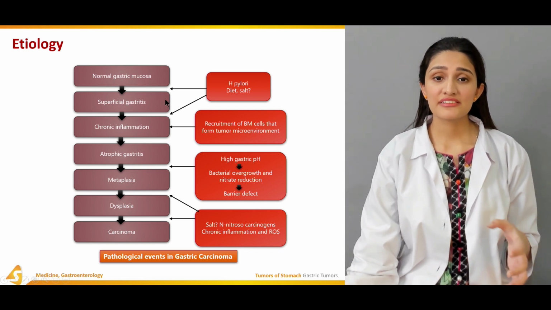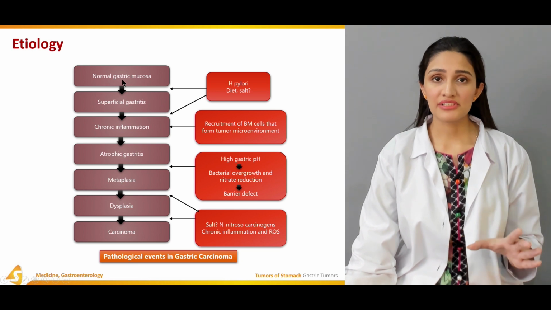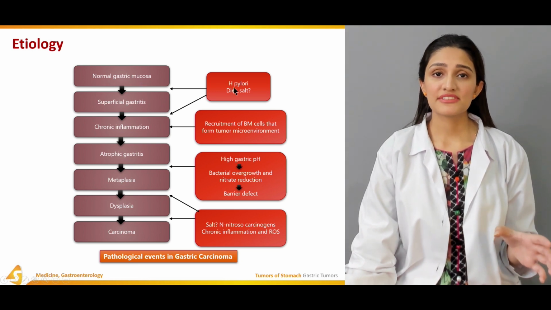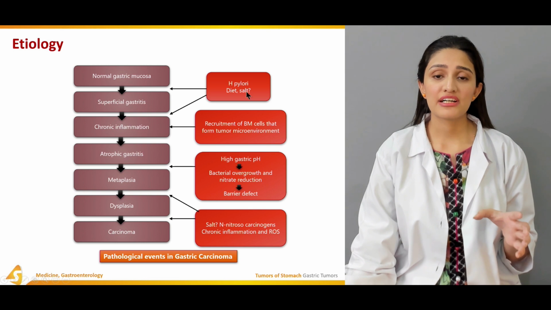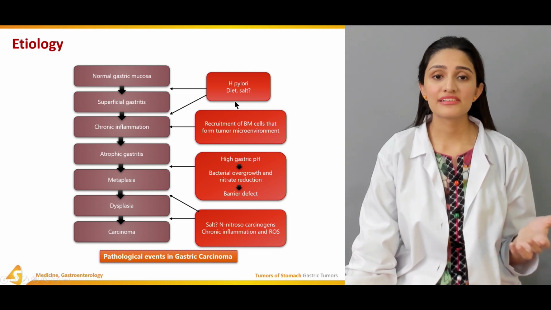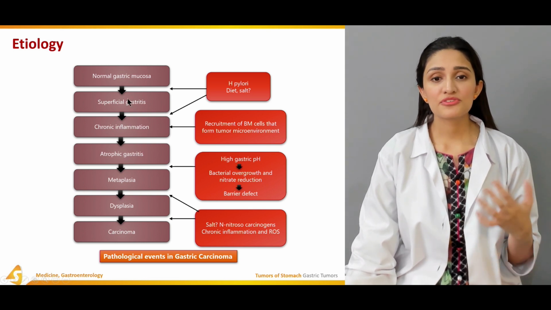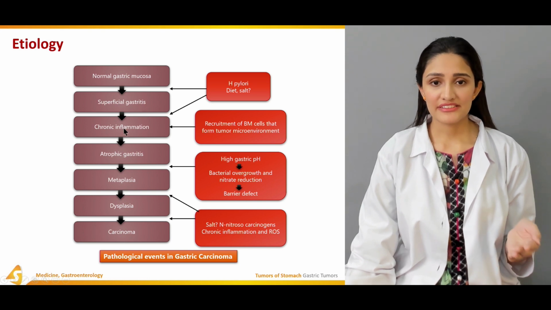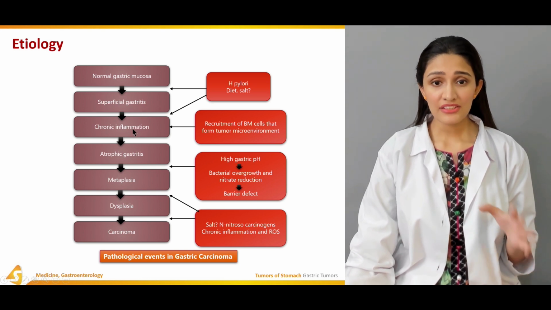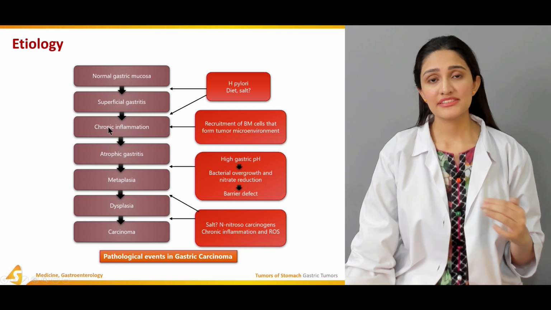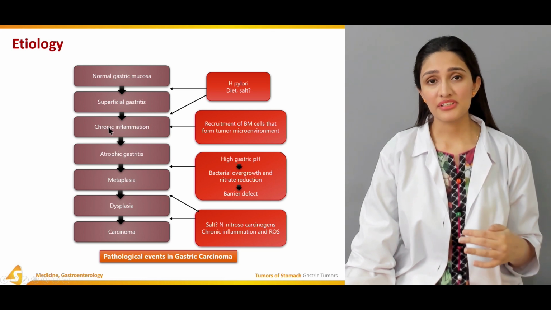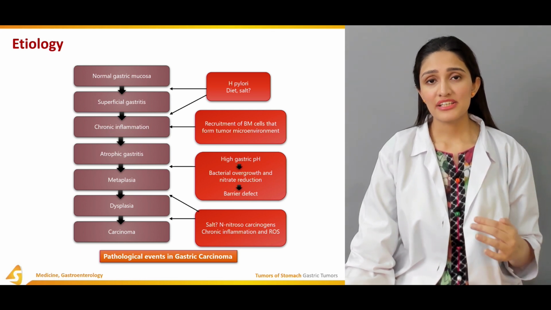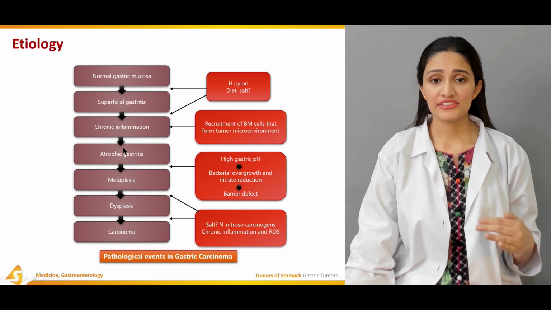It starts with a normal gastric mucosa. If it's affected by Helicobacter pylori or different types of diets or salts, this causes superficial gastritis and chronic inflammation. After this, step by step, things get worse, and there's a stepwise progression to gastric cancer, such as the events that follow.